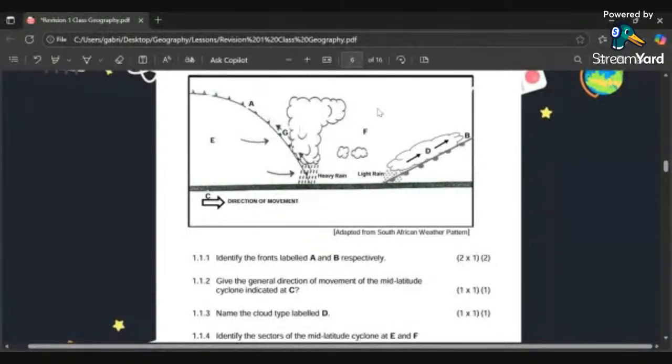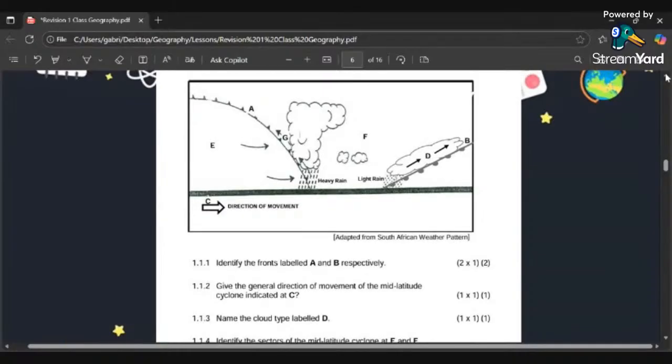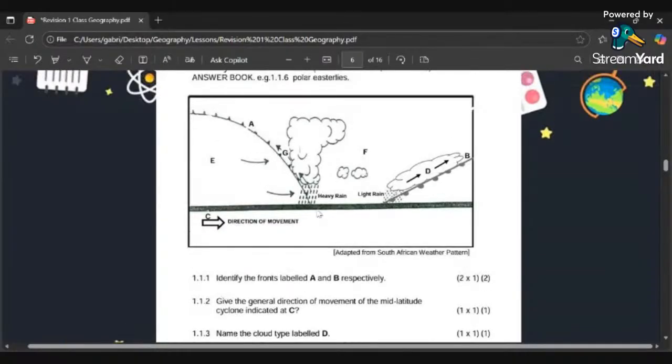And when the warm air is completely uplifted into the atmosphere, you would have cumulonimbus clouds forming, and later on you will have heavy rain. So that is all about this summary of revision looking into a mature mid-latitude cyclone.